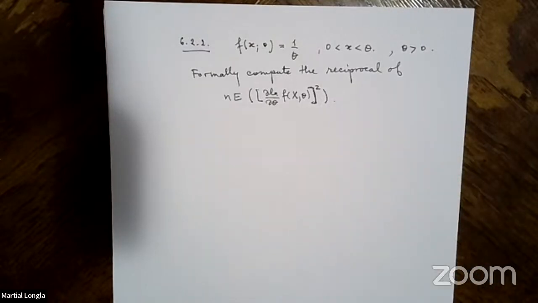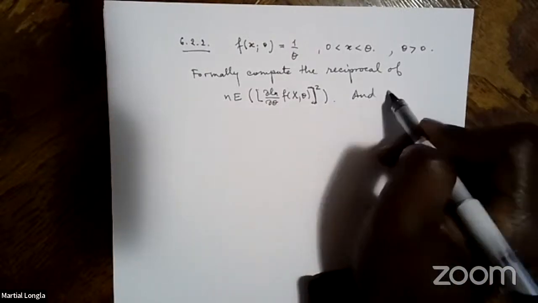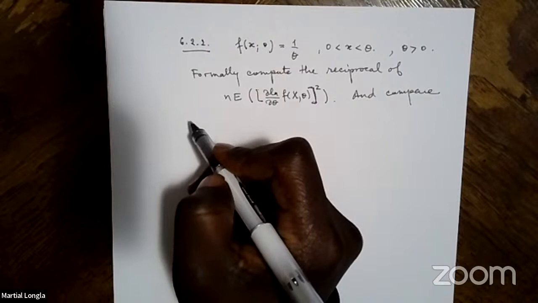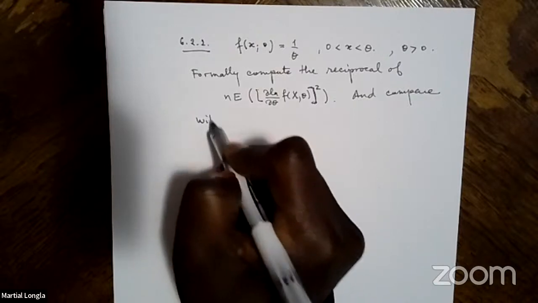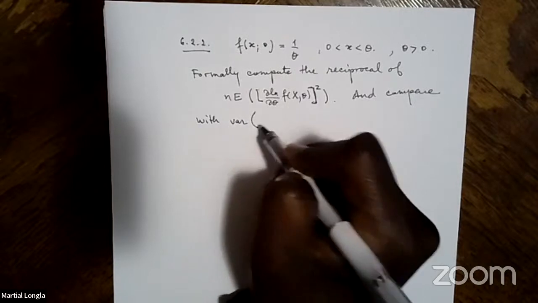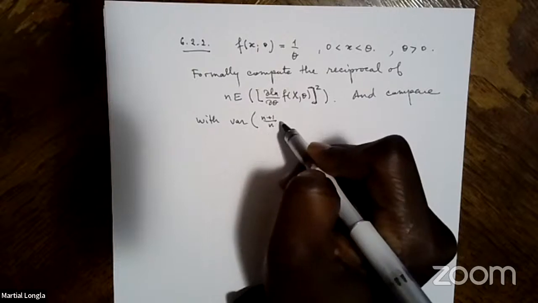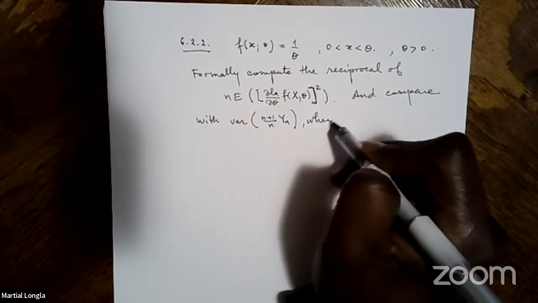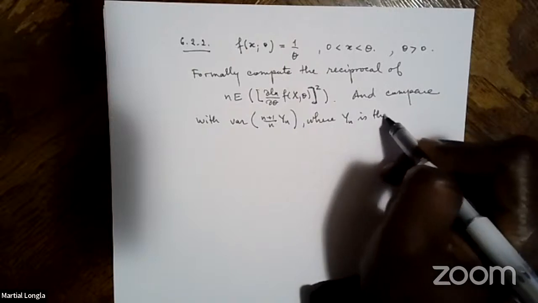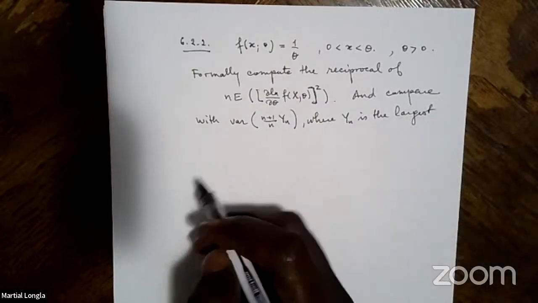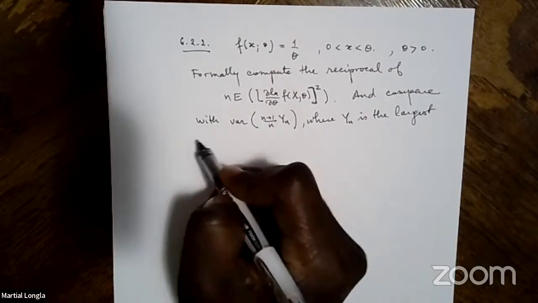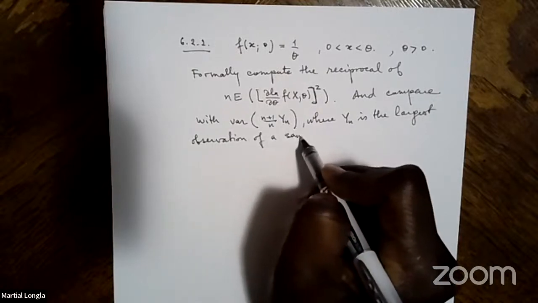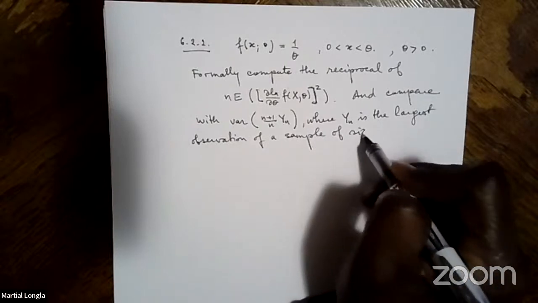So it says formally compute this and then compare with the variance of (n plus 1) over n times Y_n, where Y_n is the largest observation of a sample of size n.